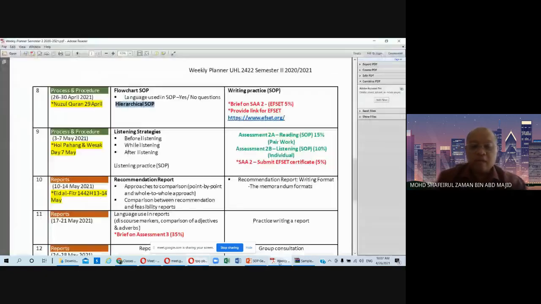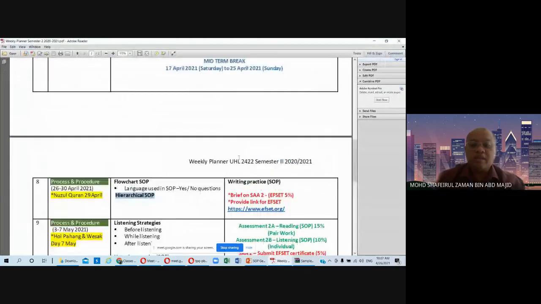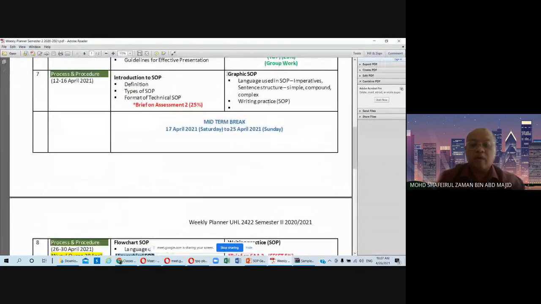And of course, the week before our mid-semester break, we had a look at the graphic SOP. But I'm sure I have not discussed it in detail with you, except that I have mentioned that for graphic SOP, you are required to use imperatives, because you are giving instructions.